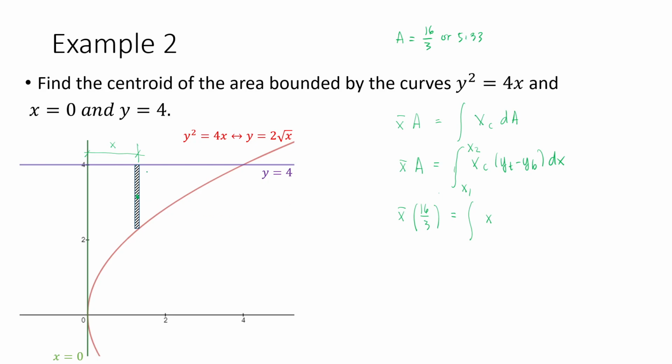So if you don't want to get confused, try to imagine this one as a line, diba? If it's a line, and this one is a centroid, then of course going towards the centroid is the x distance, diba? So going back to the formula, that would be 4 minus 2 square root of x and then dx from 0 to 4.